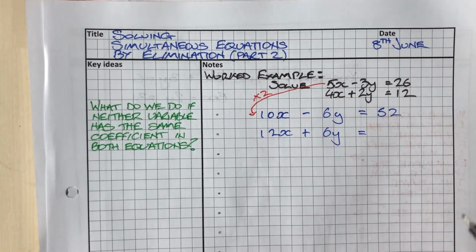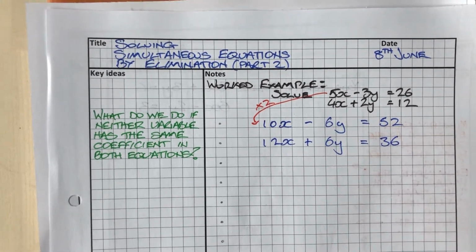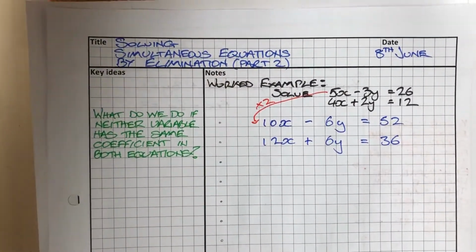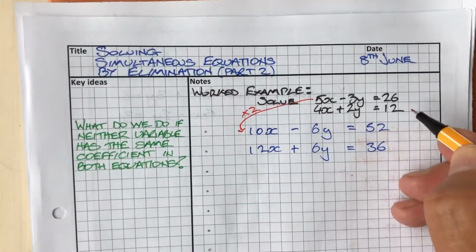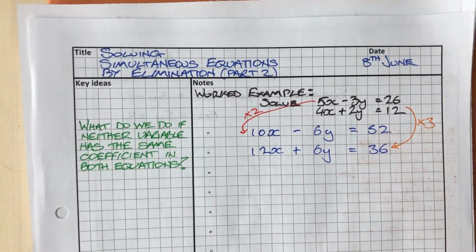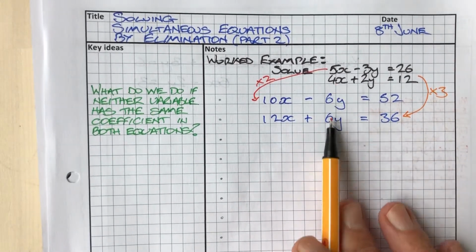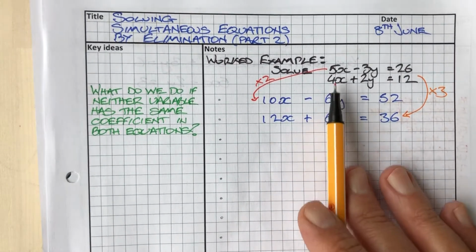And that's going to be equal to 3 lots of 12, that's 36. So everything in the second equation is multiplied by 3. And now you can see I have got the same number in front of y in both equations.